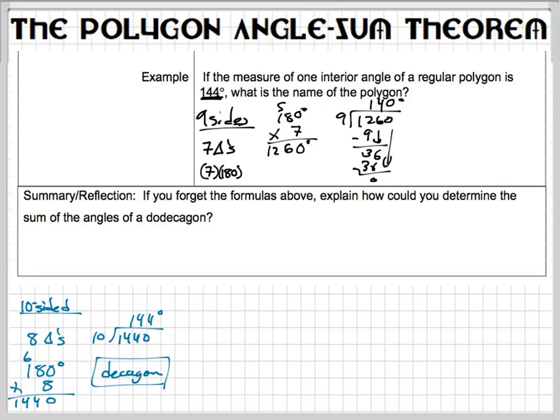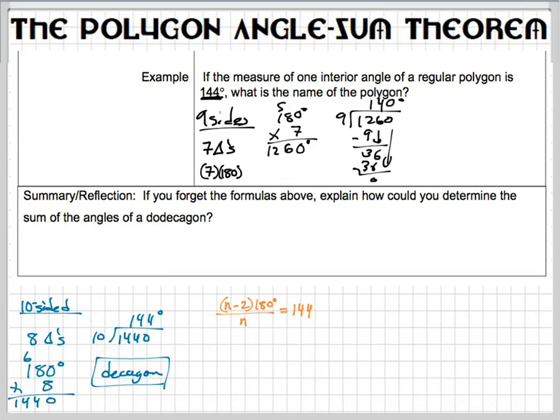If you go back and look at the formulas that I gave you guys, one of the formulas looks like this. You take the sum of the angles and divide it by the number of sides. This will give you the measure of one of the interior angles. We know that one interior angle measures 144.